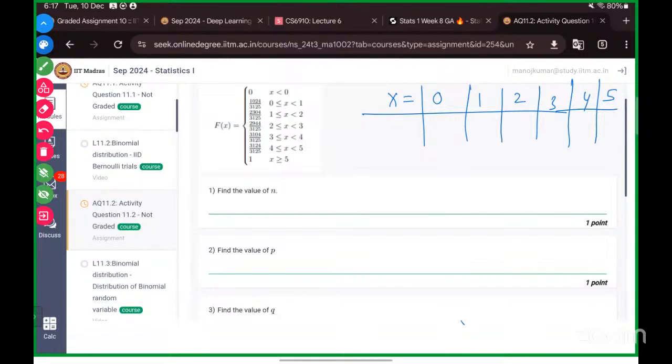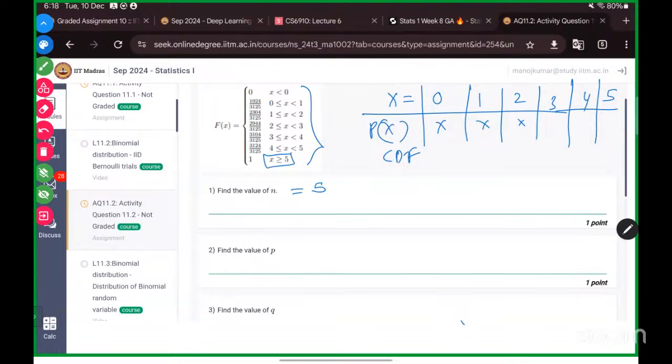The probability is not given to us. They've given us this CDF, right? So we can't easily find this, though we could subtract out each of them, but from this we can get that n is equal to 5. All these values are given, and the last is 5. So from this we can say that n is 5.